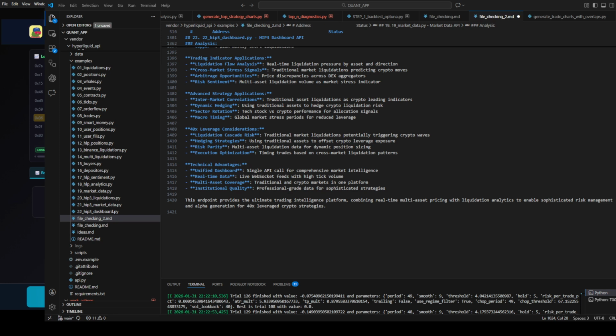Technical advantages: unified dashboard, single API call for comprehensive market intelligence; real-time data, live WebSocket feeds with high tick volume; multi-asset coverage, traditional and crypto markets in one platform; institutional quality, professional-grade data for sophisticated strategies. This endpoint provides the ultimate trading intelligence platform, combining real-time multi-asset pricing with liquidation analytics to enable sophisticated risk management and alpha generation for 40x leveraged crypto strategies.